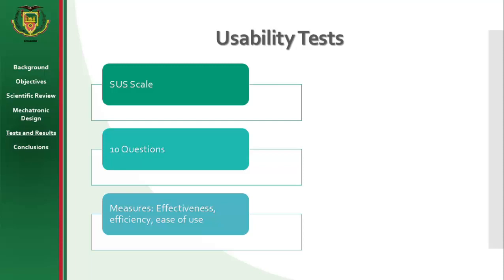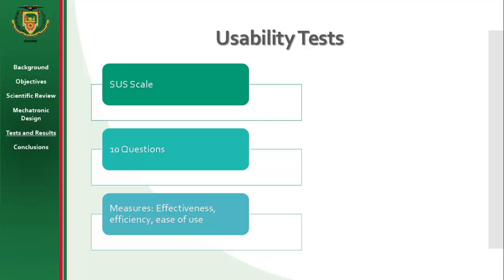The questions were taken from the original text of the usability.gov page and applied at the chosen place, the Mechatronics Laboratory of the University of the Armed Forces ESPE.